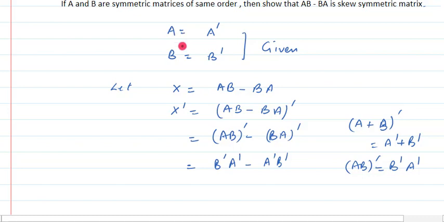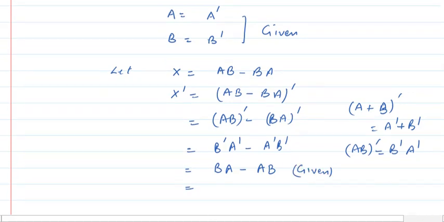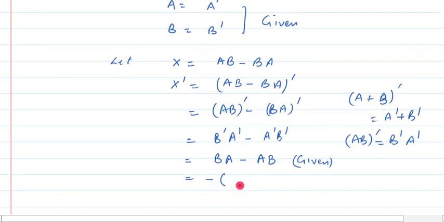Now it is given that A and B both are symmetric, means A transpose can be written as A and B transpose can be written as B. So further it can be written as BA minus AB. Taking minus common out of it, we are left with AB minus BA.